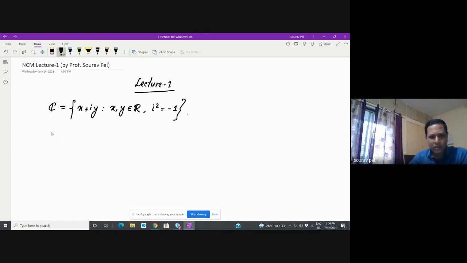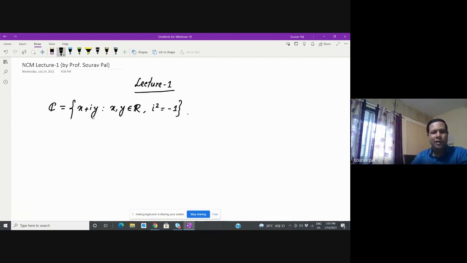For the time being, you think of i as a number that, if you square it, we will have -1. So this is what complex numbers are.